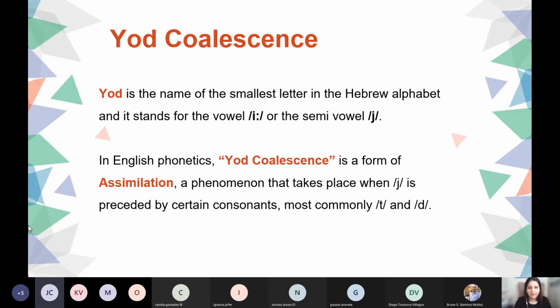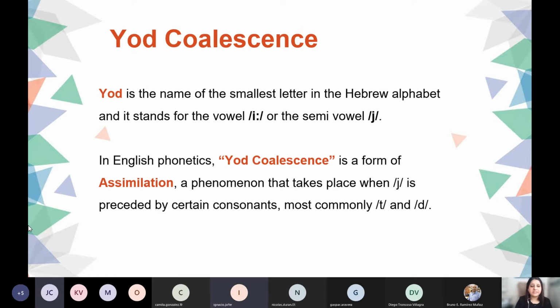So we have already worked with this, so I don't think this is a strange concept for you. But now we're calling it yod coalescence.